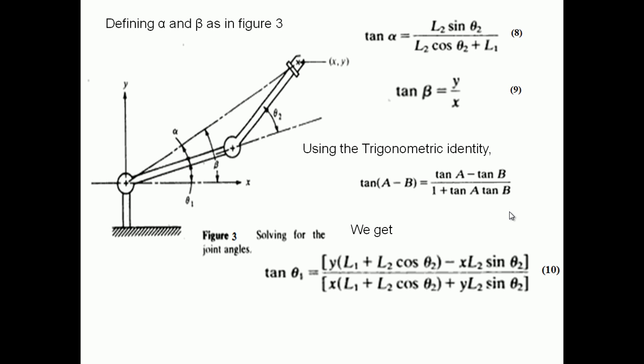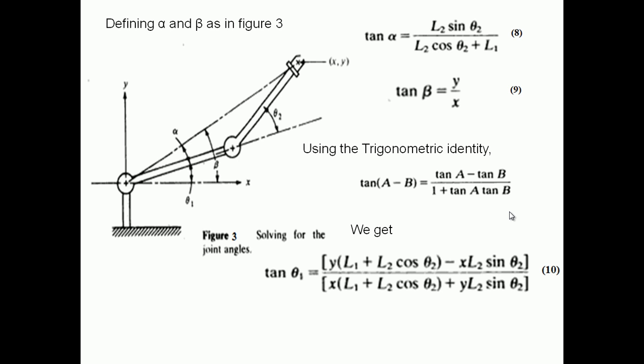If you substitute that, you will get equation number 10. It's very simple, just work it out. So tan theta 1 is equal to y multiplied with (L1 plus L2 cos theta 2) minus x L2 sin theta 2, divided by x (L1 plus L2 cos theta 2) plus y L2 sin theta 2.